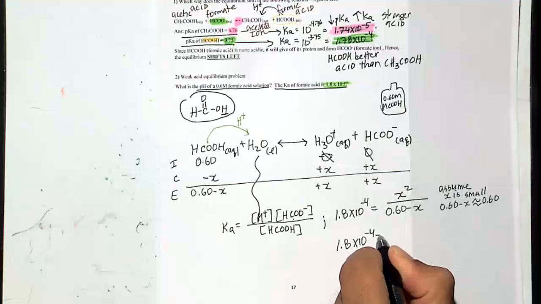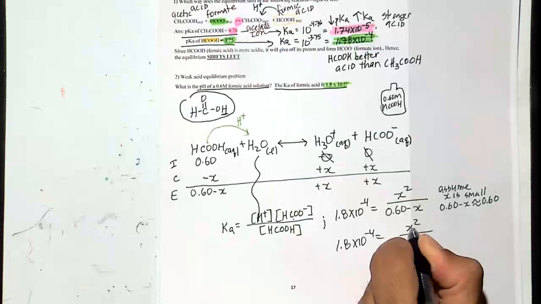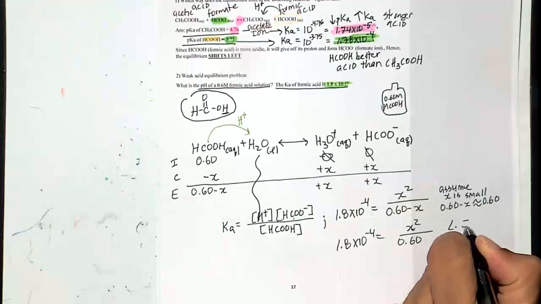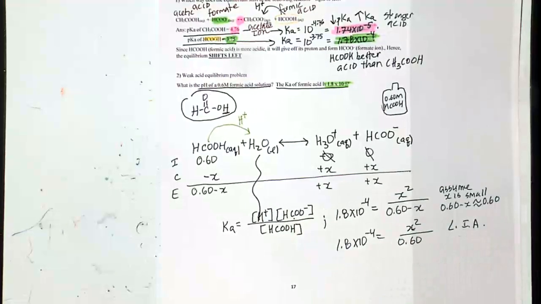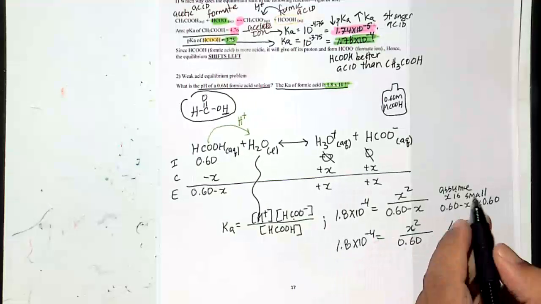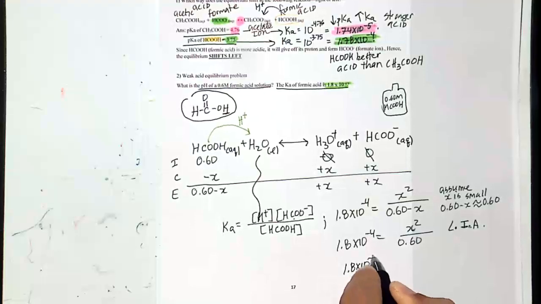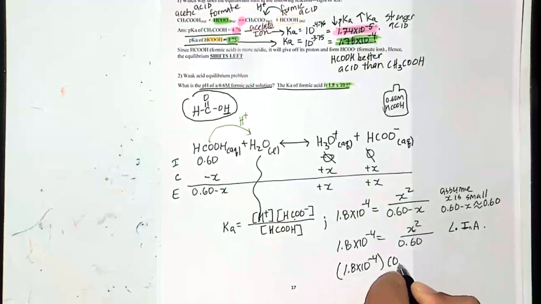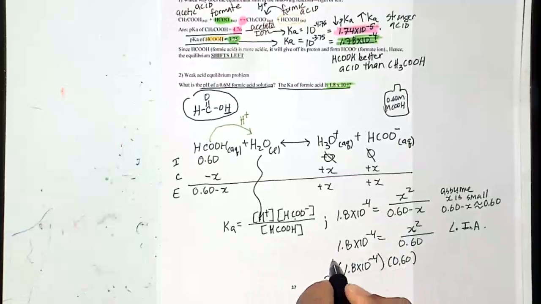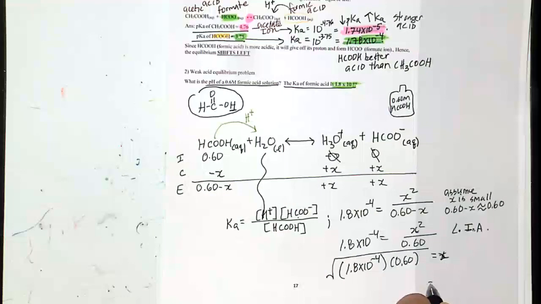So this makes our math a little bit easier. This is called the low ionization assumption. We will assume it ionizes less than 5%. Low ionization assumption. So 1.8 times 10 to the minus 4 times 0.60. We'll square root that, and this equals x.